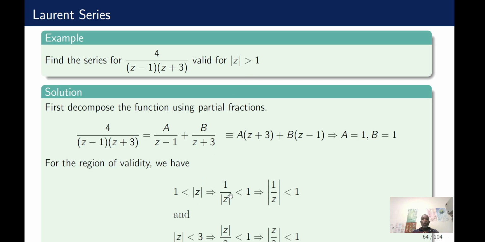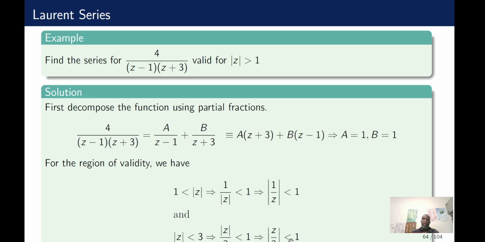If you rewrite it with the inequality facing the other way, these two inequalities are the same. So you always want a situation where you have it as less than 1. If you divide both sides by z, you have 1 over z less than 1, which means modulus of 1 over z should be less than 1. So it is this 1 over z which we should use in our geometric series.